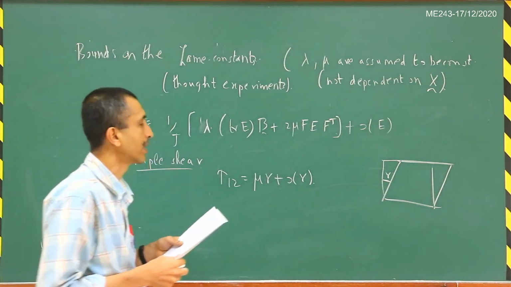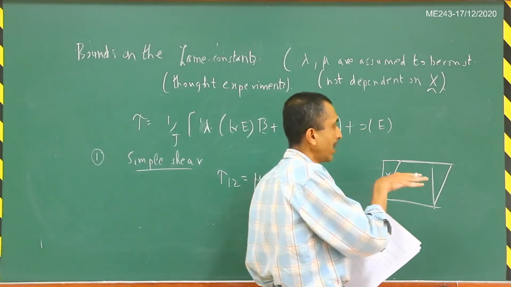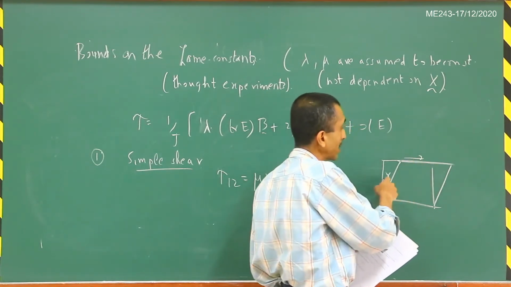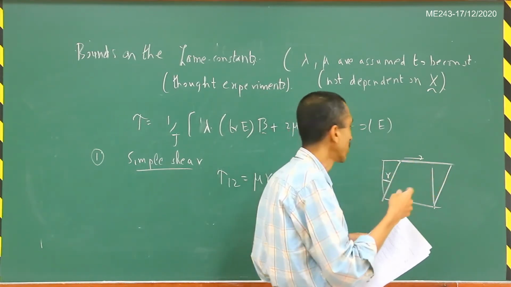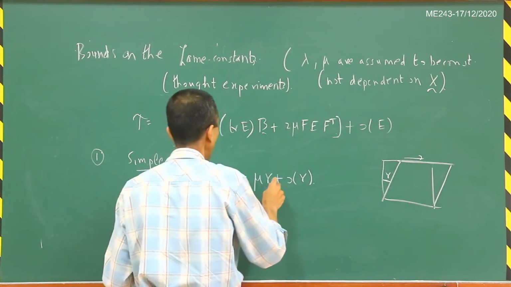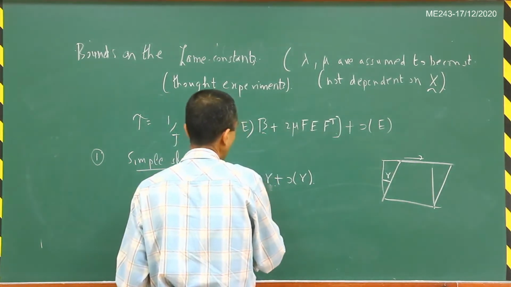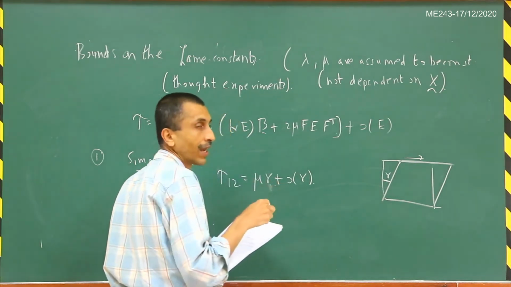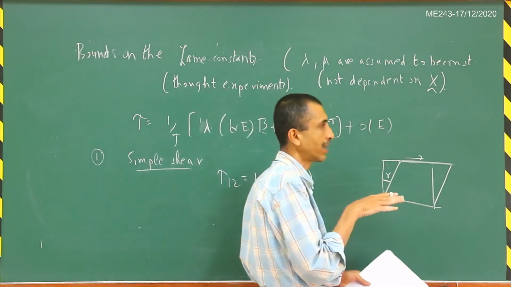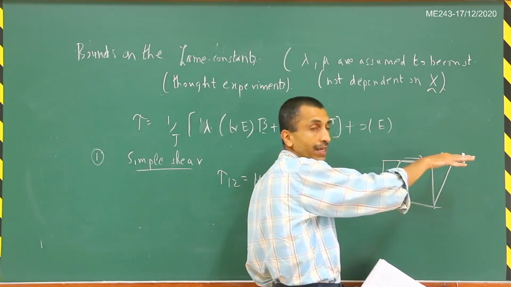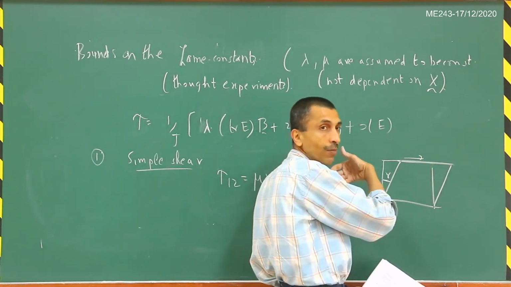Now you can see that if I apply a stress in this particular direction, I would expect this gamma to be positive. So intuitively we expect that this gamma and this tau 12 have the same sign. It generally doesn't happen that you are applying a shear in this direction, but the block moves in the opposite direction, right?